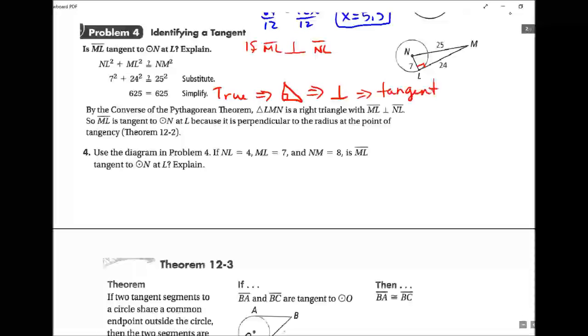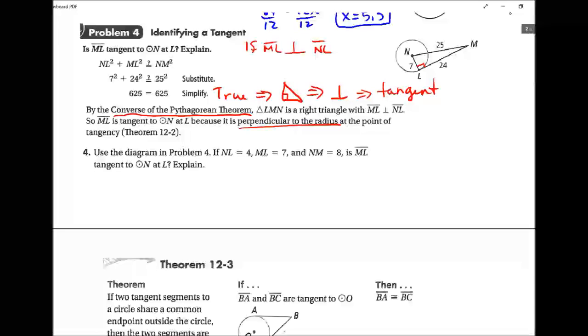We have to be accurate, right? Okay, that is the converse of the Pythagorean theorem, gives us a right triangle, and it's tangent because it is perpendicular to the radius at the point of tangency. I feel proof coming on using those things.